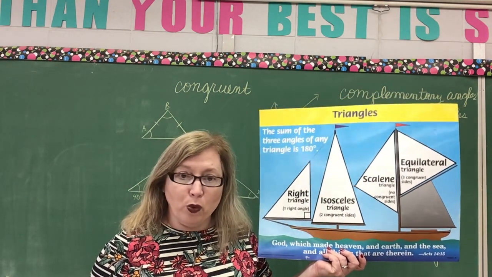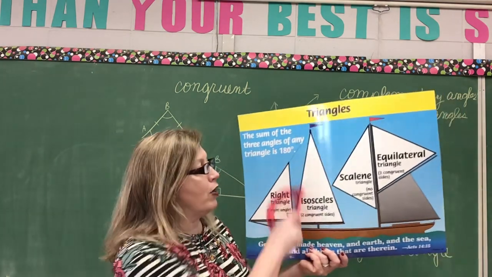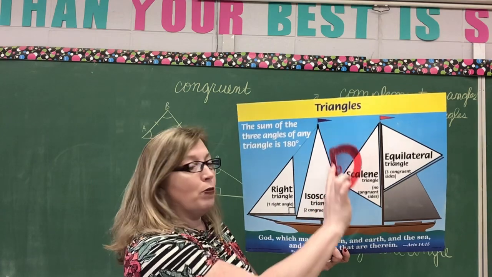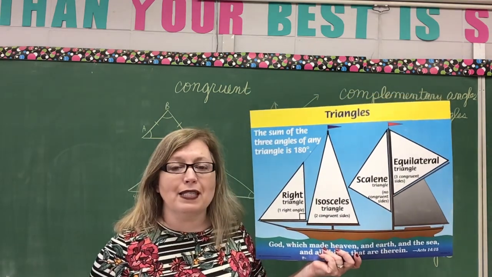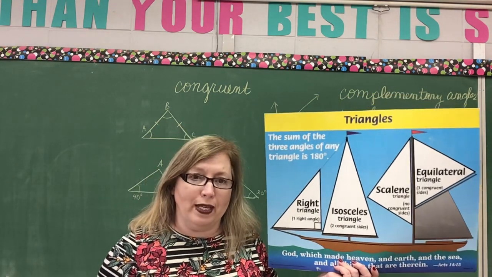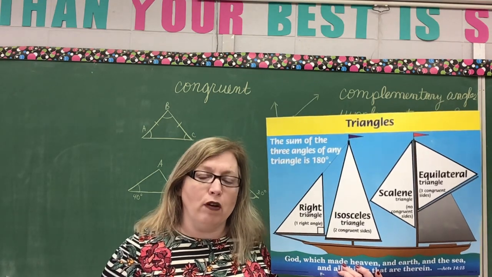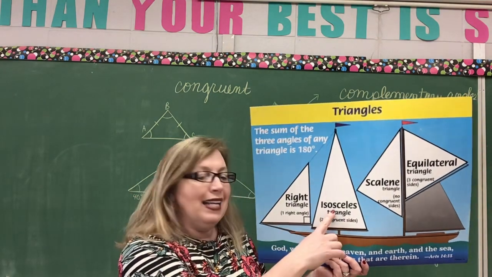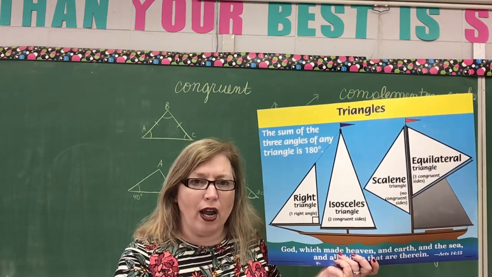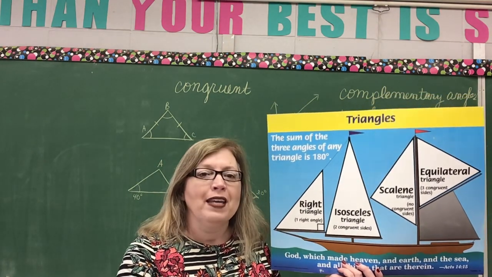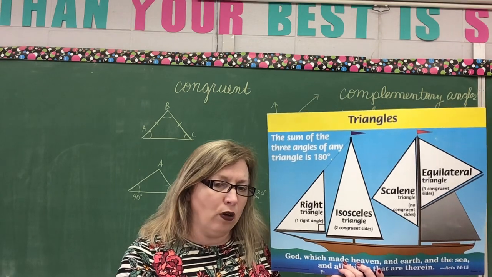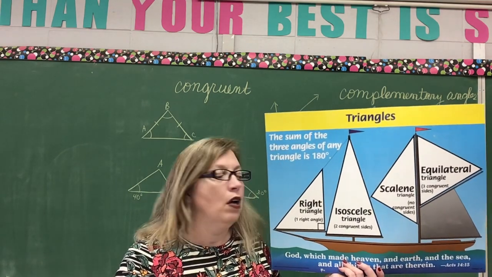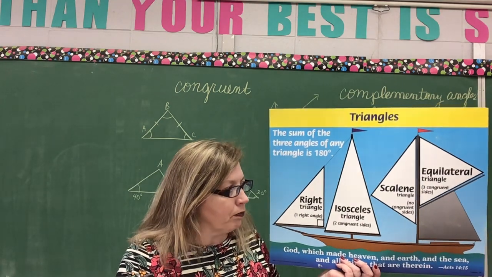If I take my ruler, that's at the end of my protractor, and I measure them, the measurement of this side and the measurement of this side of the triangle will be the same. Those two sides are congruent. Any triangle that has two congruent sides is an isosceles triangle. Write that in your notes. An isosceles triangle is a triangle with two congruent sides.